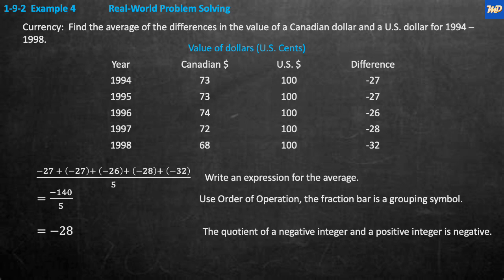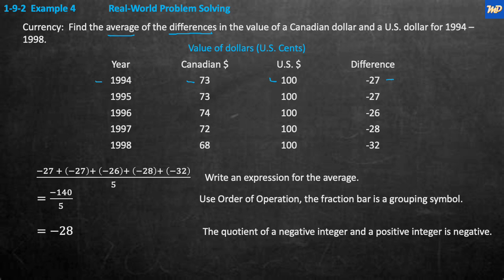So in 1994, the Canadian dollar was worth 73 cents, and the US dollar is always 100. It's a dollar, 100 pennies. The difference, this is what the question is asking up here, they want the average of the differences. Well, the difference for that year, 1994, was 27 cents.